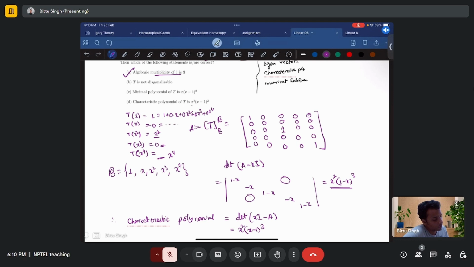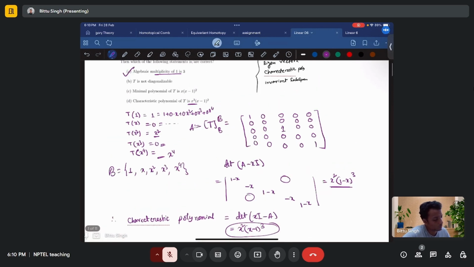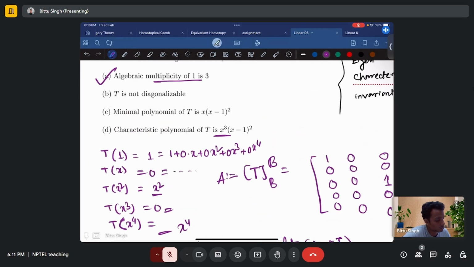Now if we compare with the given options, it is clear that the characteristic polynomial should be x squared times (x minus 1) whole cube, so the other option cannot be possible, so this is also false. Now we need to see if T is diagonalizable or not.